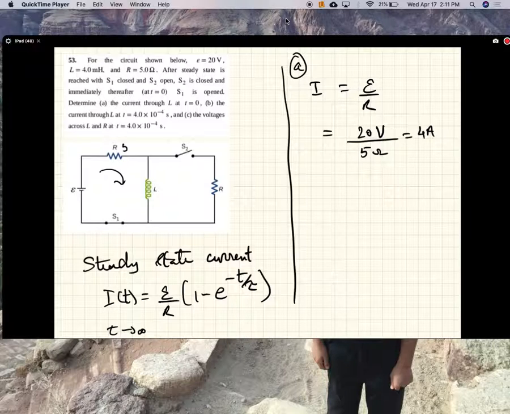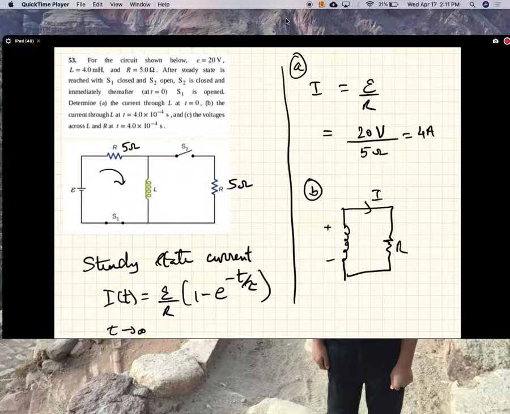Okay, so part B, as Fred tells us, remember this end is positive and the current is flowing like that. So that's the circuit. And the current through that at 4 times 10 to the minus 4, 0.4 milliseconds.